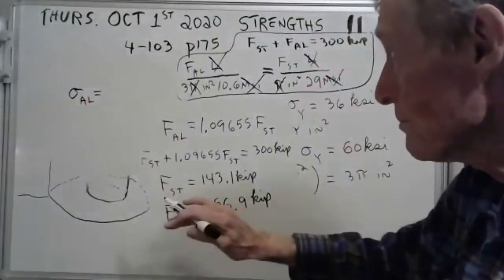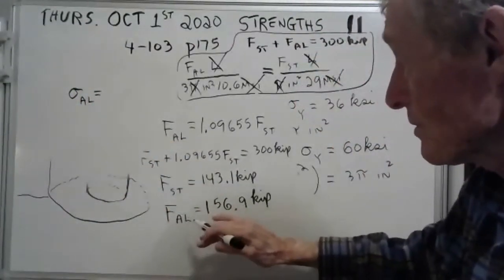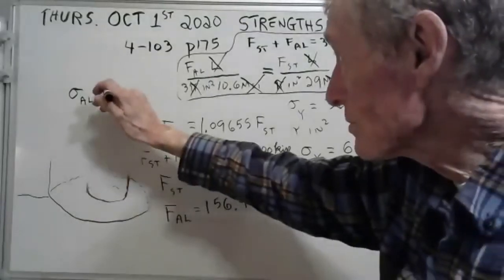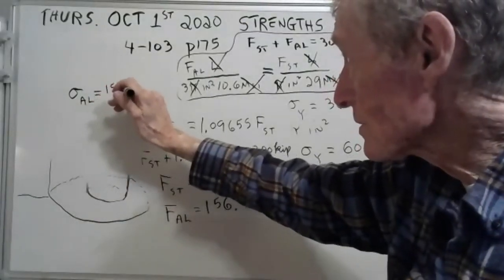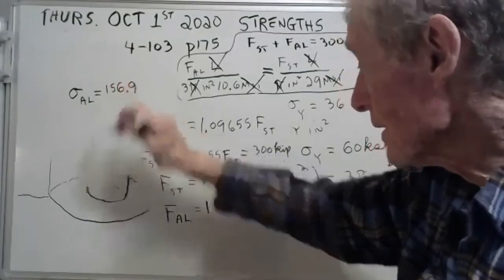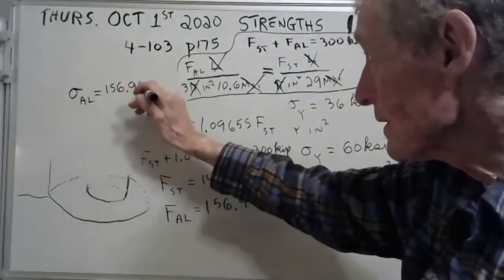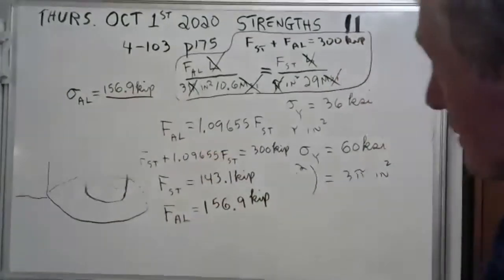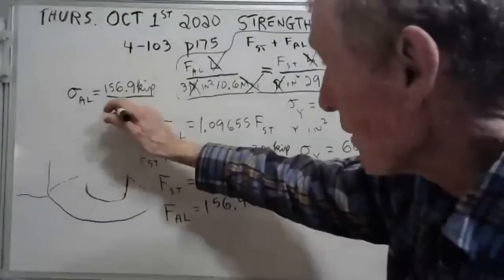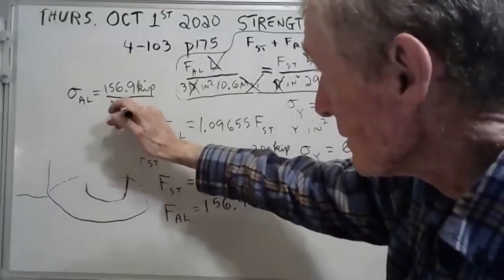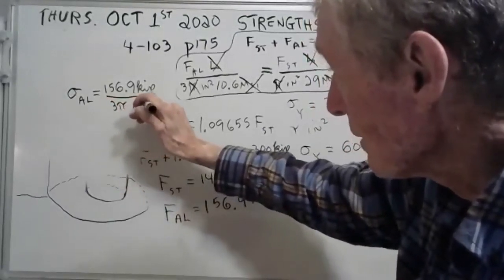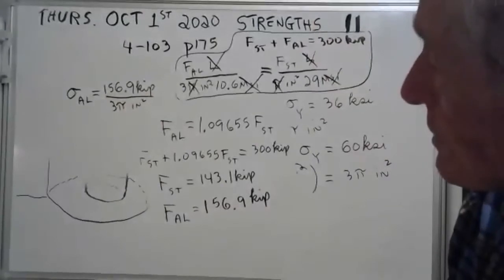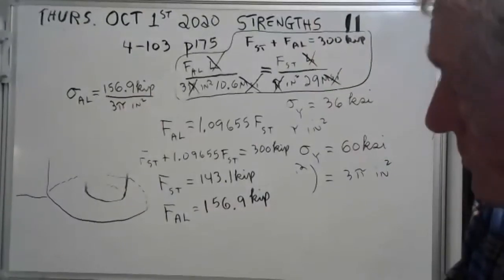Stress in the aluminum, well, you just take the force, the 156.9 kip, and you divide by, I think it's 3 pi. Didn't we decide it was 3 pi for the aluminum? Okay, do that. Let's see what you get.